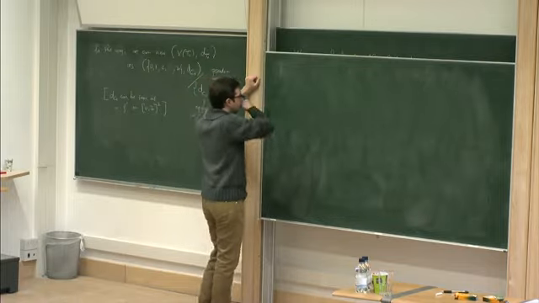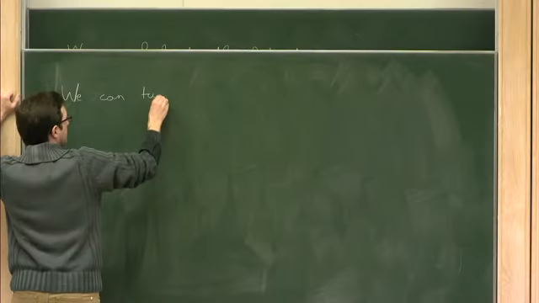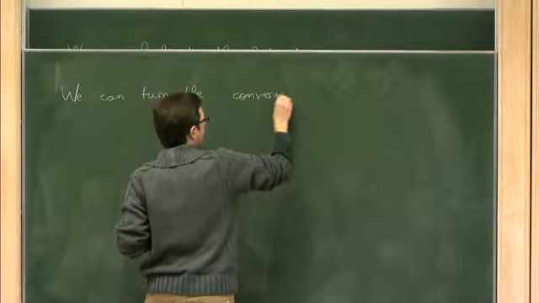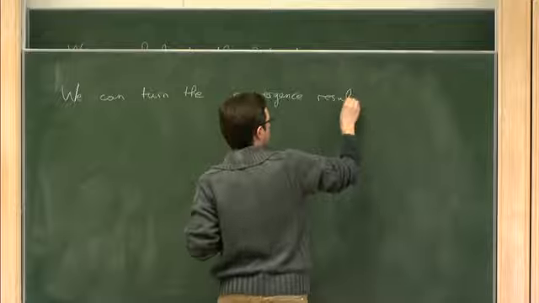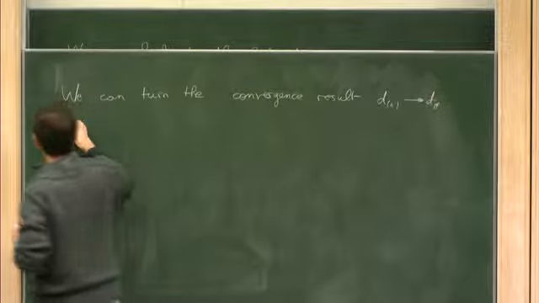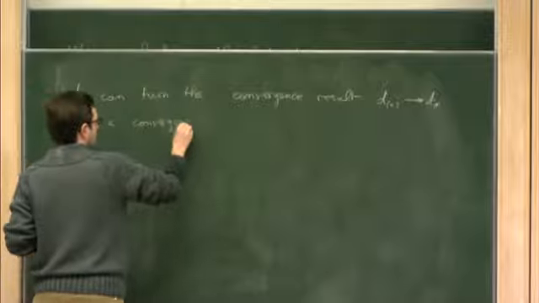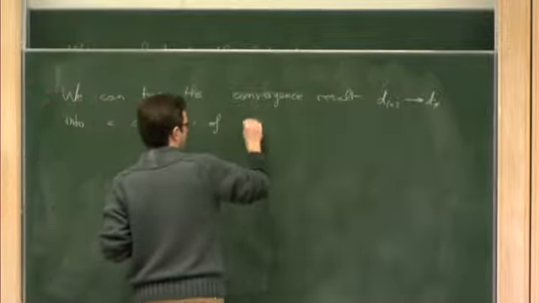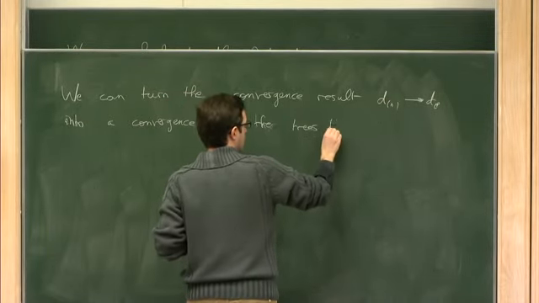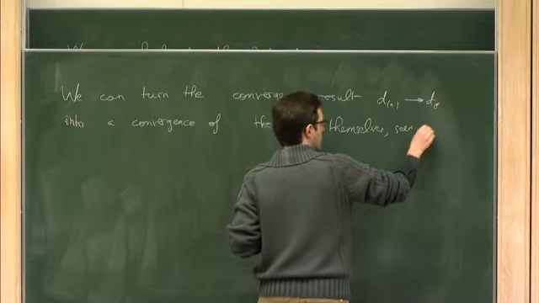Okay, and so we can turn the convergence result of dn to dE into a convergence of the trees themselves when seen as metric spaces.